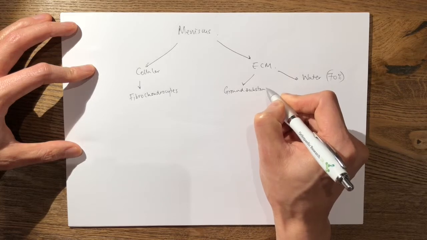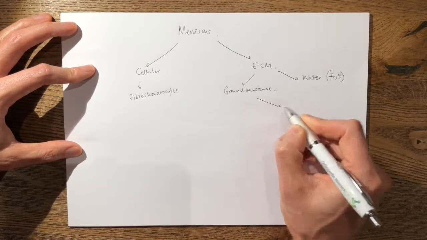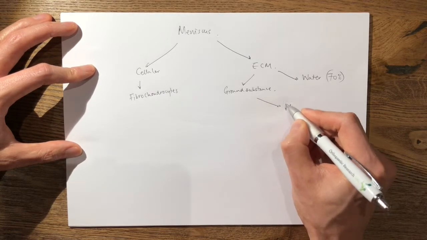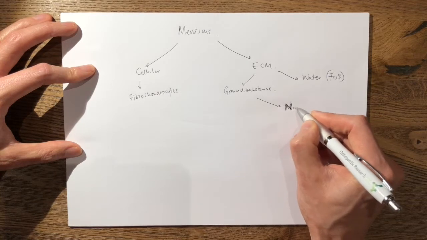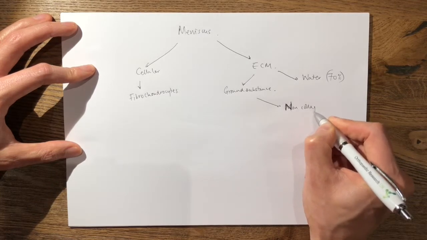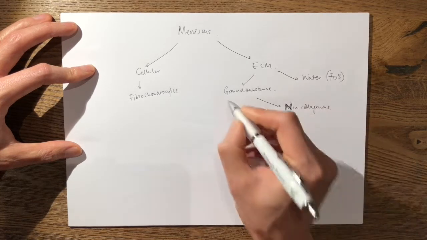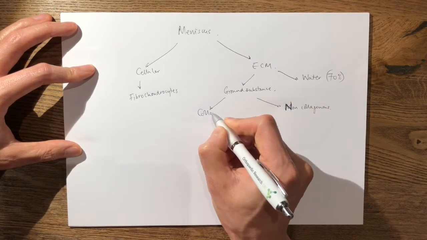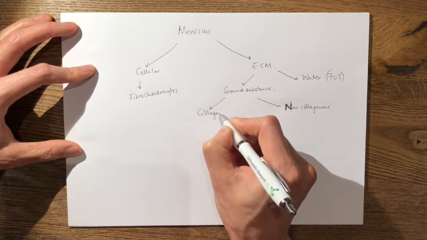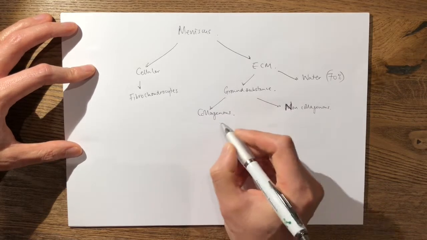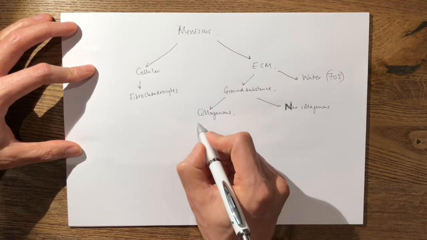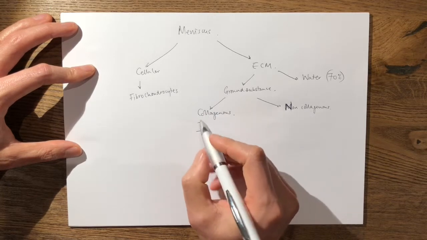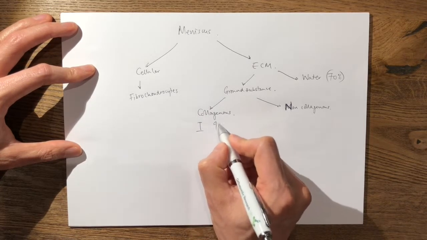And the ground substance can then be divided into the non-collagenous portion, or the collagenous portion, if I can spell. And in the collagenous portion, we know that the vast majority is collagen type 1, up to 90%.